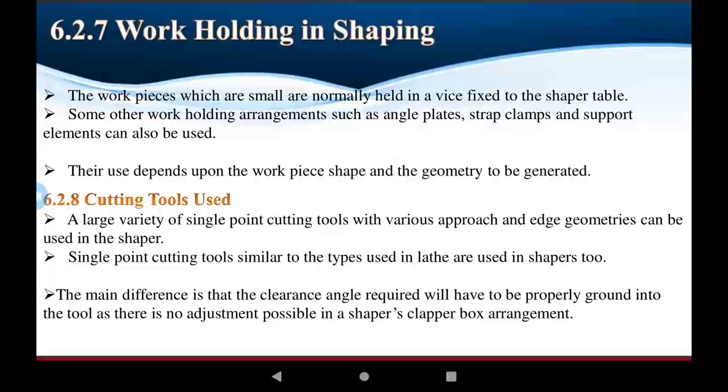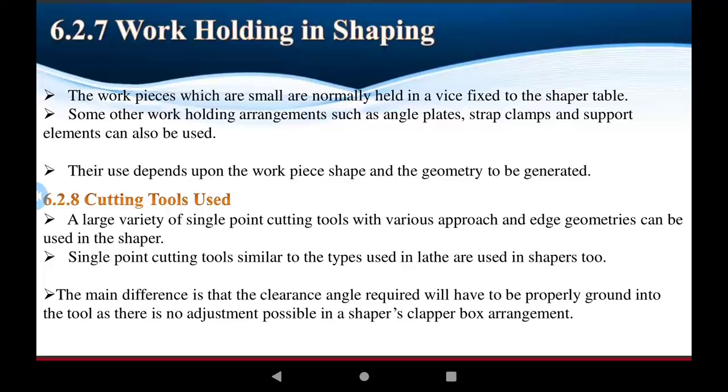Other elements used for these operations include clamping devices, angle plates, step clamps and support elements. These are used depending upon the workpiece shape and the geometry to be generated on the workpiece in the process.